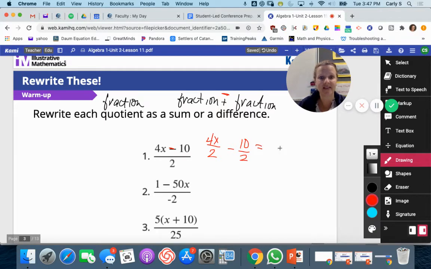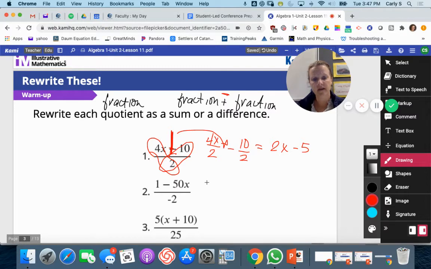All right, and I can simplify that to 2x minus 5. So now it truly is a difference. There's no fraction there at all. I just took that and I split it, and I made 2 underneath the first one and 2 underneath the second one with a minus in between.